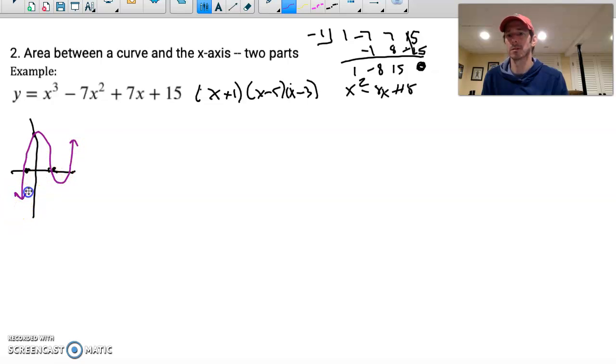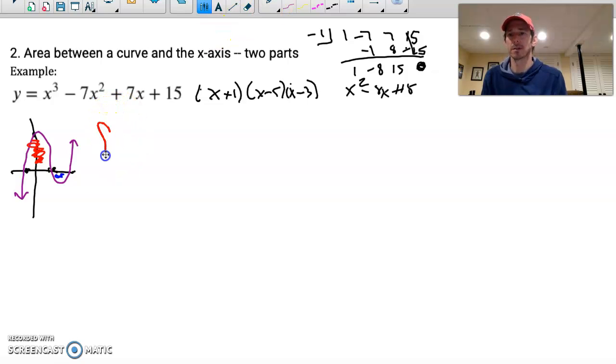So what you notice is that I have two different areas. I have this area up here in which the cubic function is on top, and I also have this area right here in which the cubic function is on the bottom. So I have to write two separate integrals.